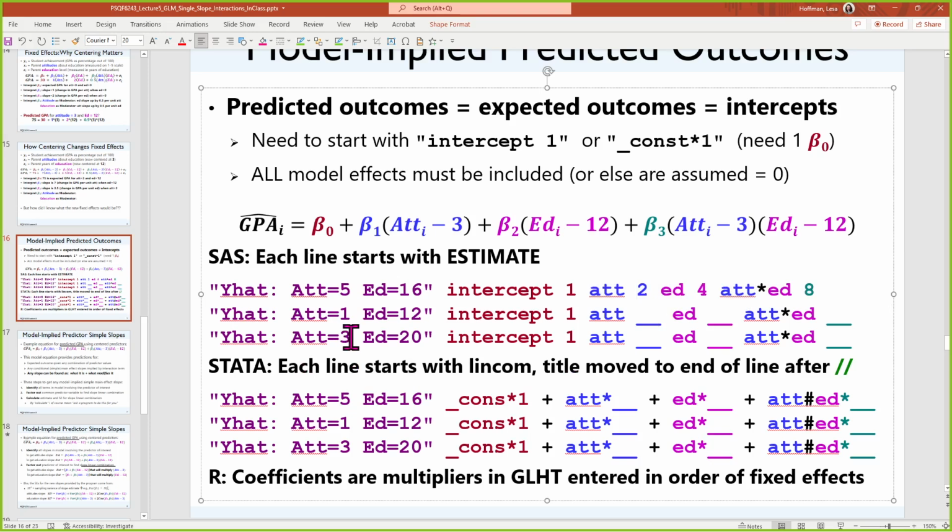What if I wanted attitude of 1 and education of 12? What goes here? Yep, -2. Because attitudes is centered at 3, so I have to subtract 2 to get down to 1. What goes here if I want a prediction for someone with education equals 12? 0. And what goes here then?